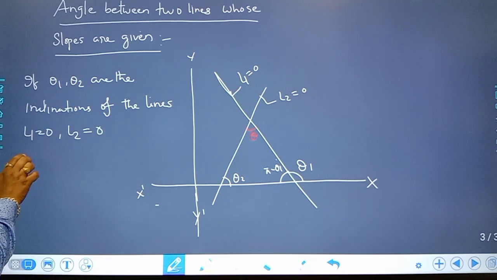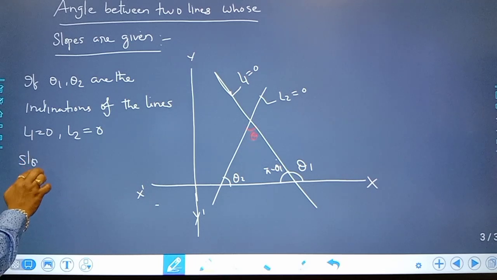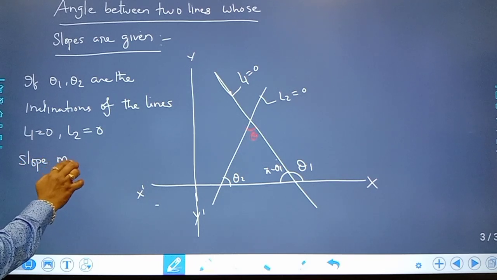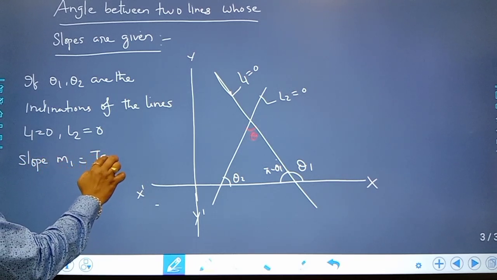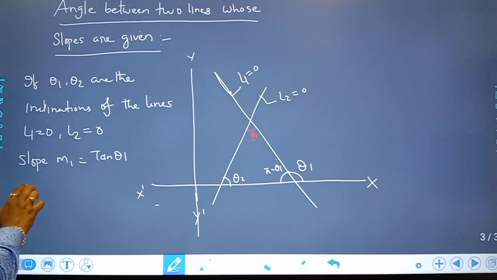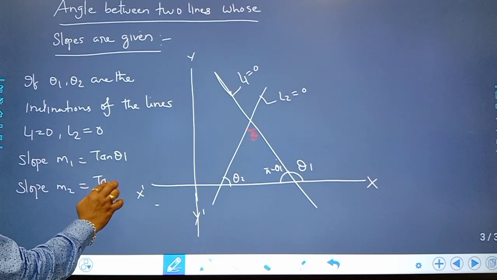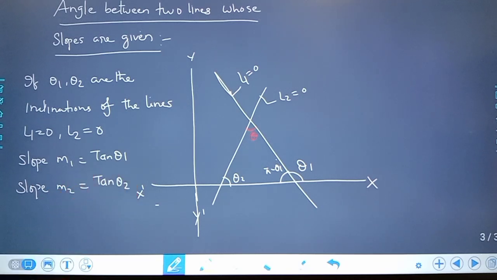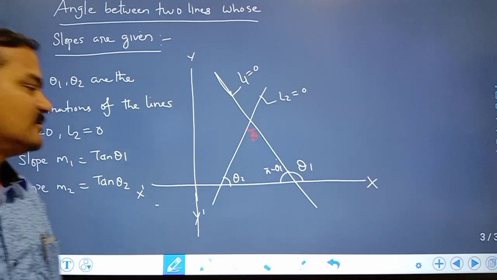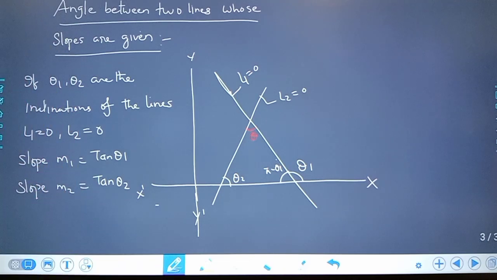Then the slope of the first line is M1 equal to tan theta 1, and the slope of the second line is M2 equal to tan theta 2. So this is the slope technique.